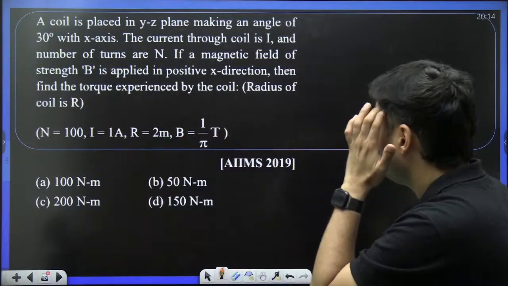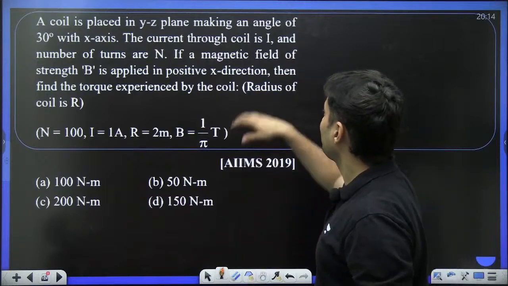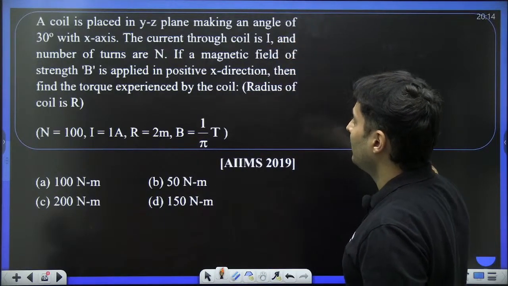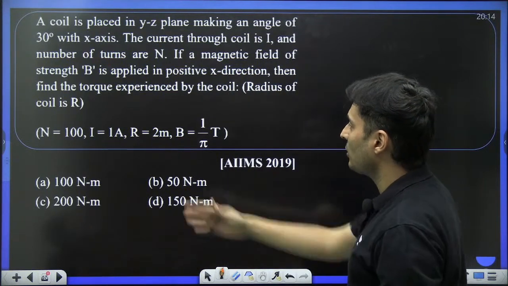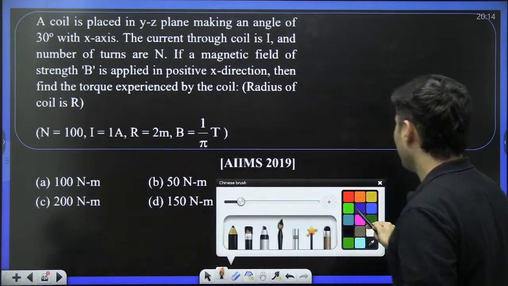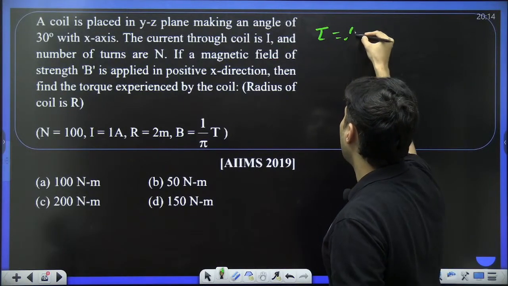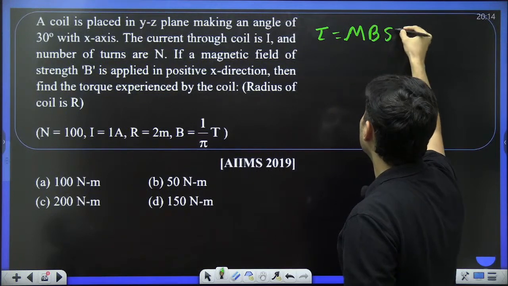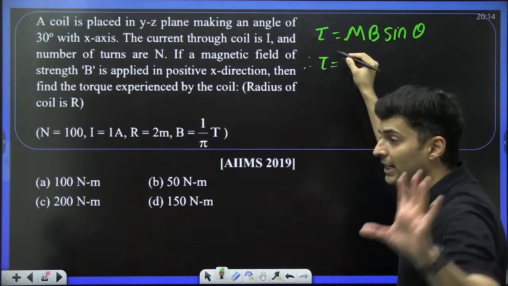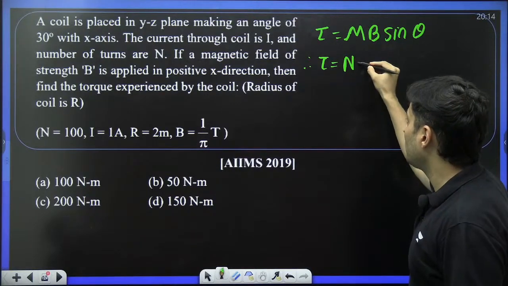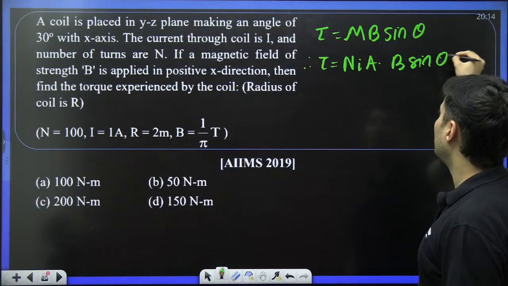What does it say? A coil is given making angle 30 degrees with the x-axis. Current is I, turns are n, field is B, field is in the x direction. What is the torque experienced? All the values are given. We know torque is mB sin theta, but the value of m, the magnetic moment itself, is number of turns into current into area, and this into B into sin theta.